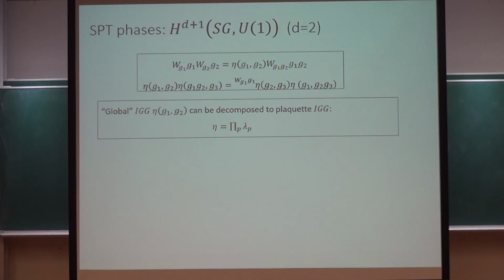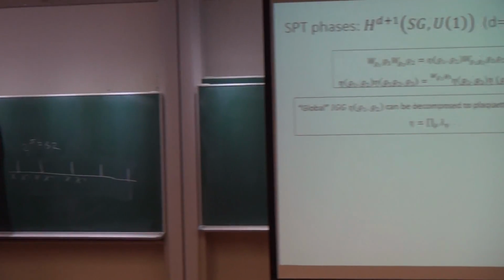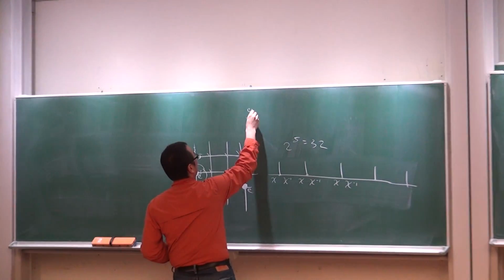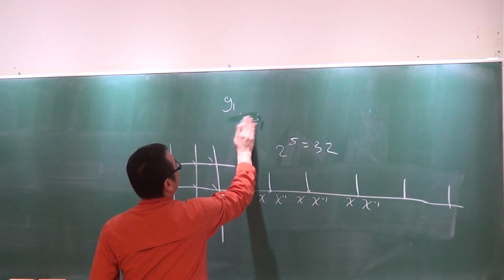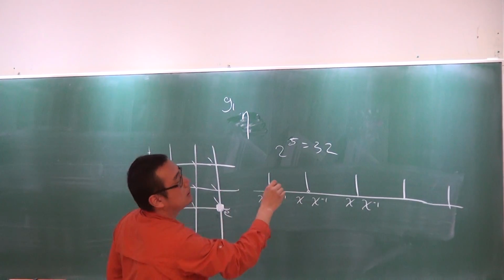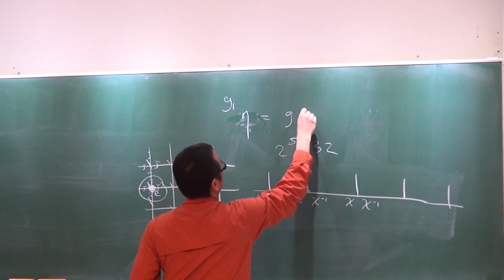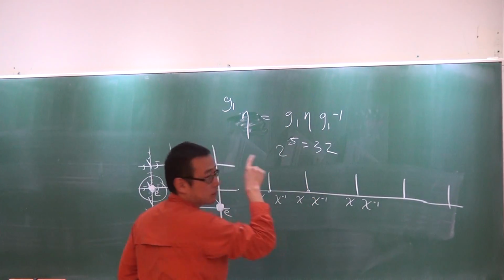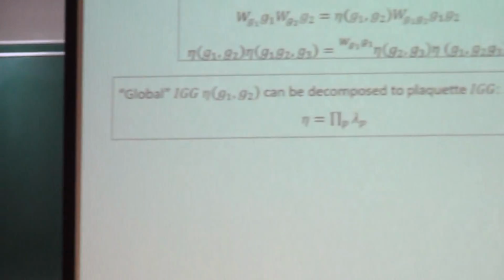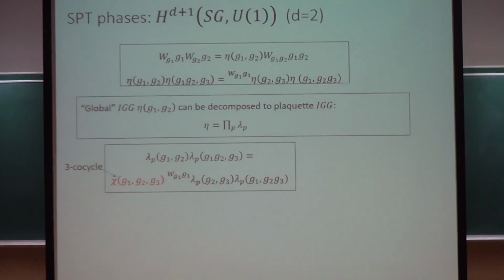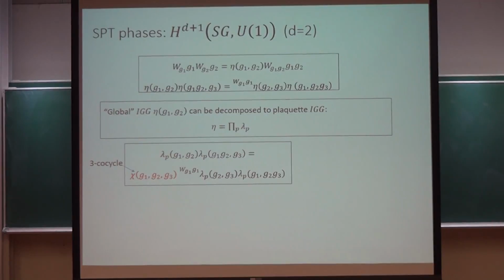What's the meaning of WG1? This is the group action. Sorry, whenever I write something like G1 acting on some W, maybe some eta, in this case it means just the G1 eta combination. Similarly for WG. So this is the consequence of associativity.